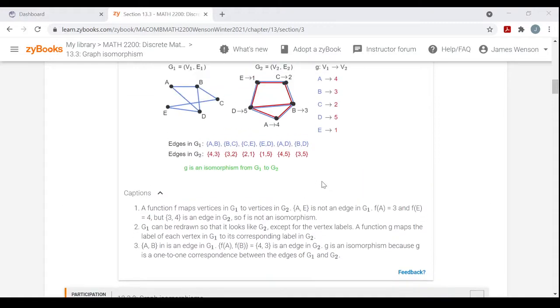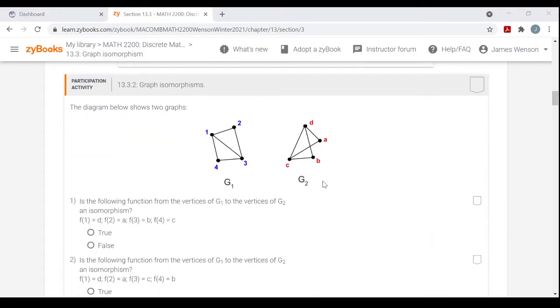As if this wasn't tricky enough. Okay, so here's another example. The diagram below shows two graphs. We'll try to determine if these are isomorphic. Are these isomorphic? Now again, I can really see how they are. Let me show you. I'm going to do maybe an easier version of what I just did.